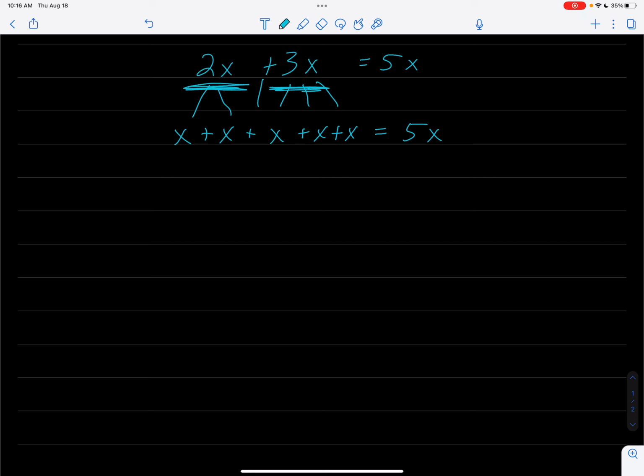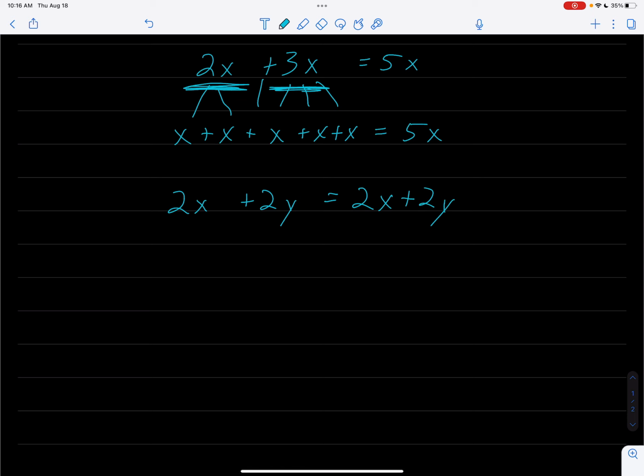But one thing that doesn't work: if I have 2x plus 2y, number one, I can't say it in English. I have 2 x's plus 2 y's. What does that equal? A lot of times students will do like 2xy or 4xy or something like that, but it's not that. This cannot be simplified because there's no like terms.